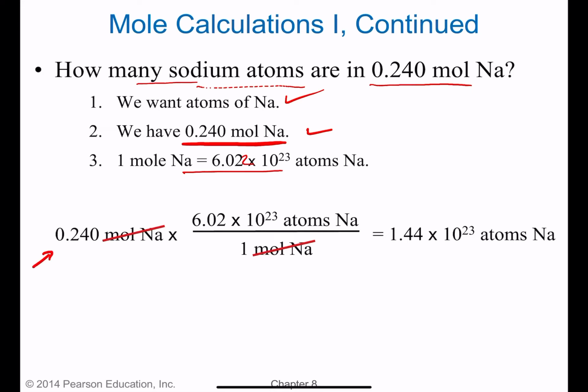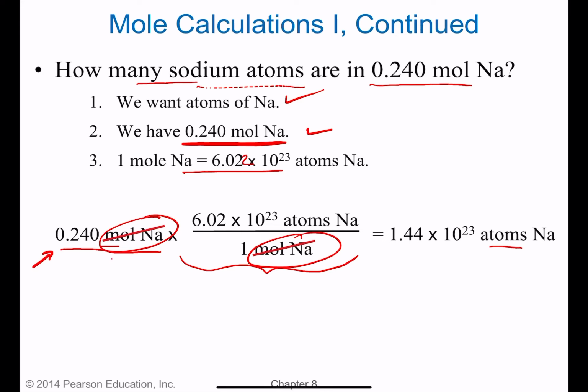So this is how we would set this up. If we wanted to convert from moles to atoms, we start off with our 0.24 moles of sodium. This is our conversion factor, what they might call the unit factor. Now, they've got mole of sodium crossed out with the red line, because anytime we set up units like this, we want to make sure we're showing our units canceling.